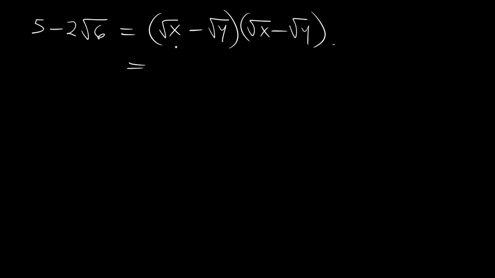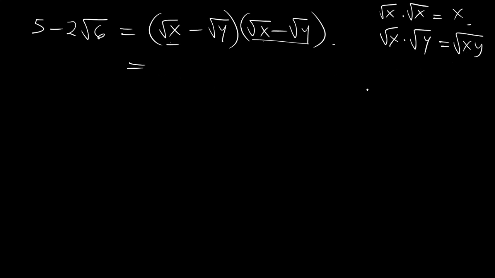Now when we open up this bracket, let's use this square root of x to multiply the whole of this. Square root of x times square root of x, according to the rules of surds, is equal to x. Square root of x times the square root of y is equal to the square root of xy. If the thing inside is the same, it will just be one of it. So square root of x times square root of x gives you x.